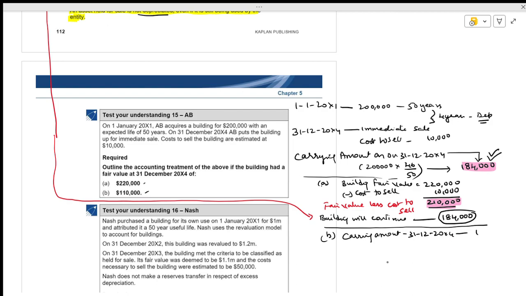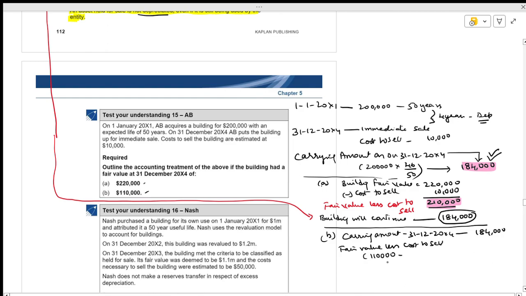We have calculated already: 184. Is it right? Fair value less cost to sell: how much is it? 110 minus 10,000. It comes to 100,000.